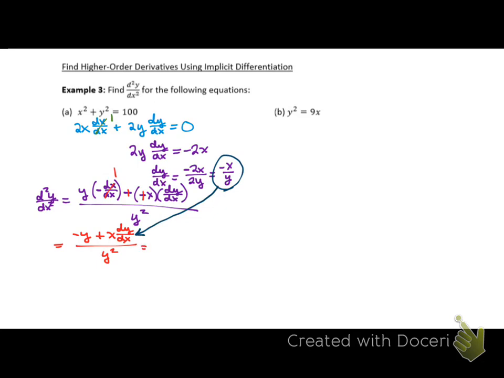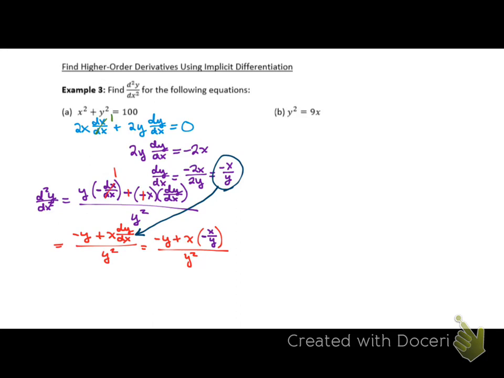So we end up with negative y plus x times negative x over y, all over y squared. Now that's not very pretty. Not at all. So the only way to make this prettier would be to multiply everything by y, and we would do that to get rid of the denominator.